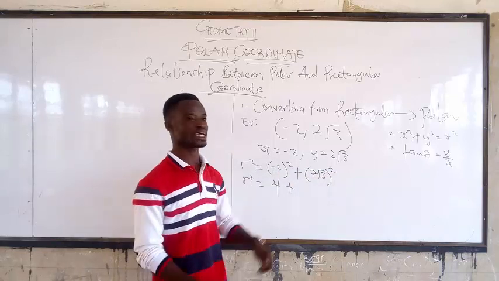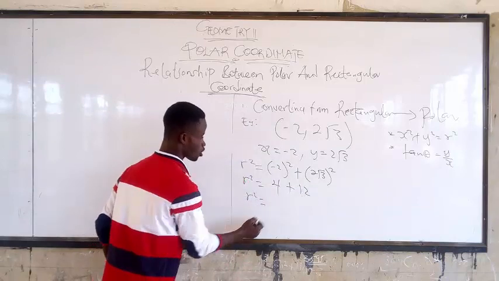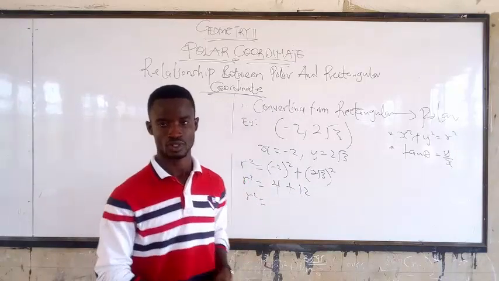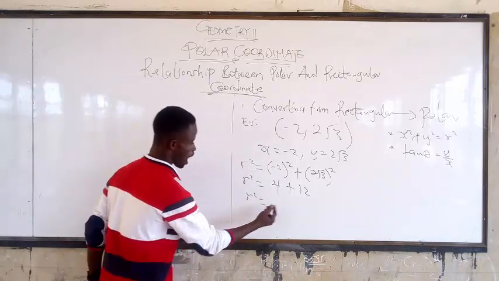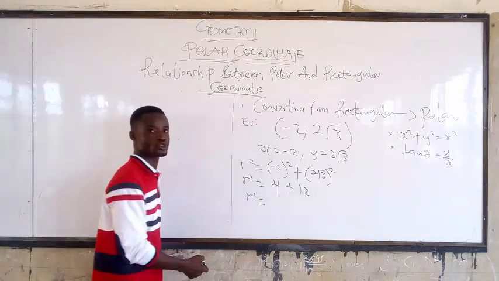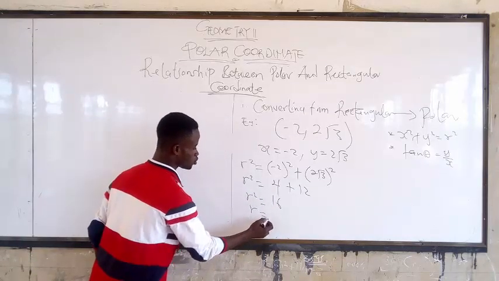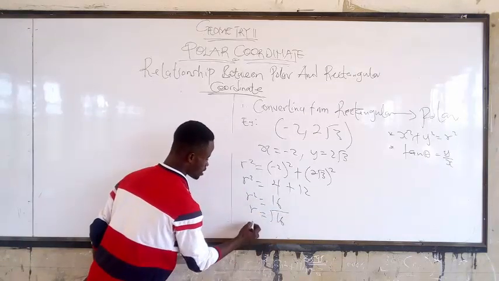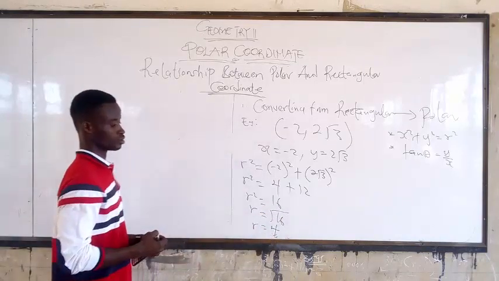So 4 times 3 is 12. So r squared is equal to this plus this, you get 16. So r will be equal to square root of 16, and that will be equal to 4.